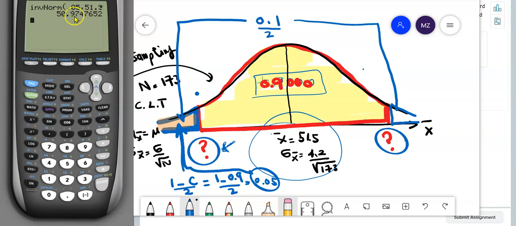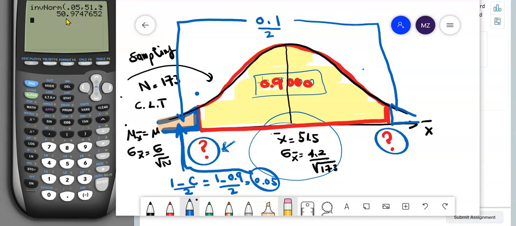So 50.97, if you round it to one decimal place, it would be 51.0. That's going to be your first value. The value here is going to be 51.0. That's what you're looking for.